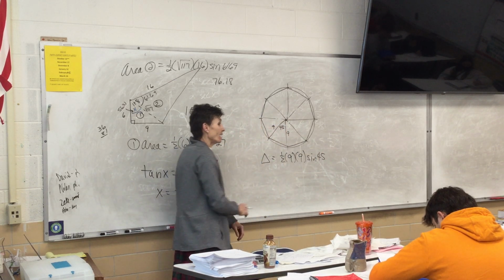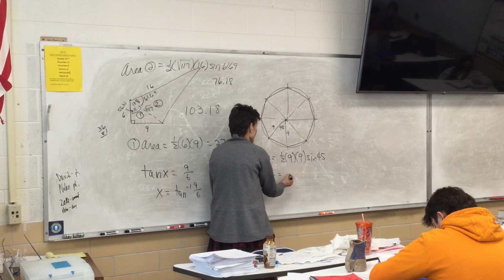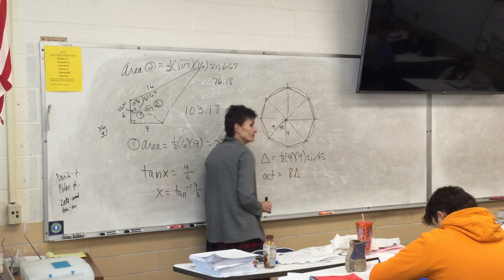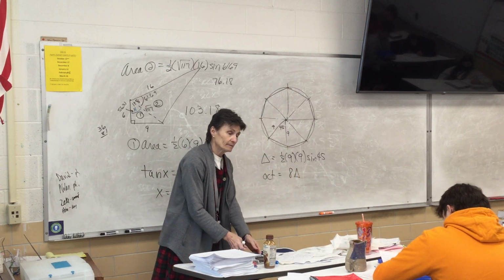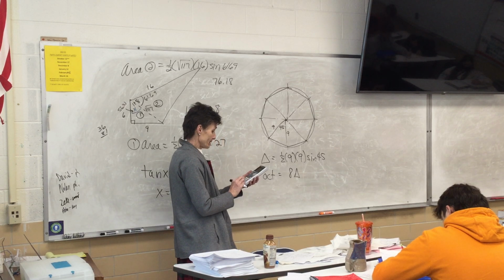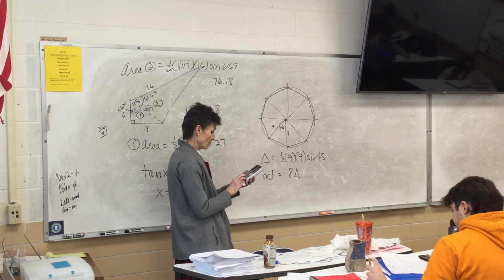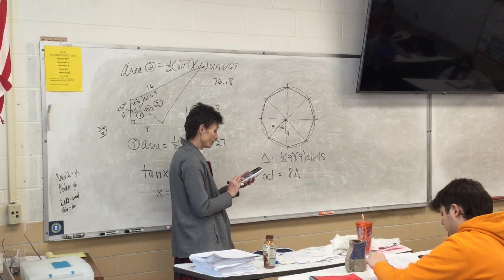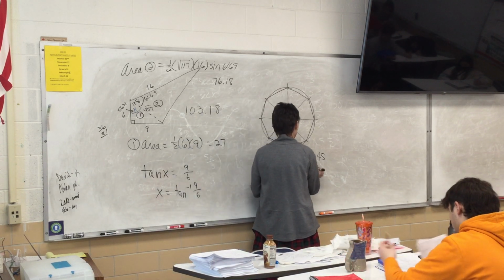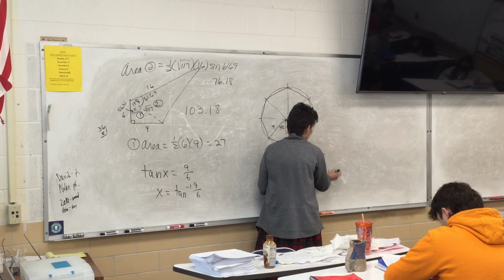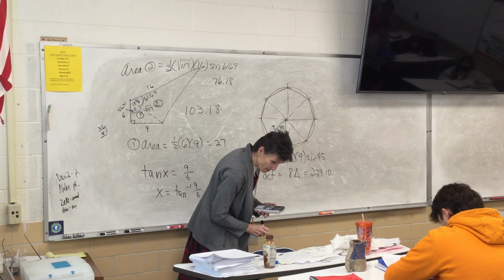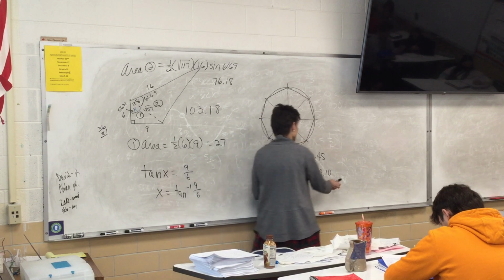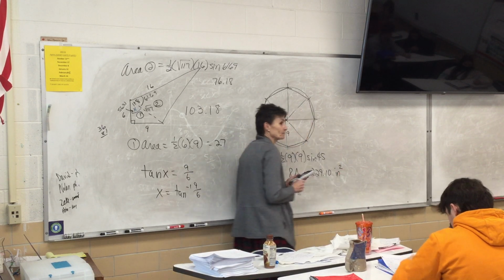But then the area of the octagon will be 8 of those. So that's it. I got 229.10. And I think I did put a unit on that. I did. Inches squared, square inches.